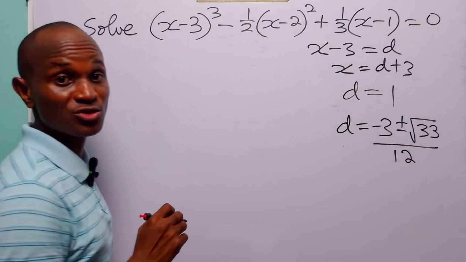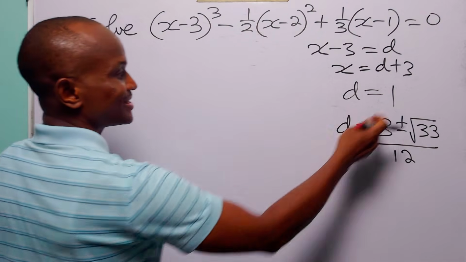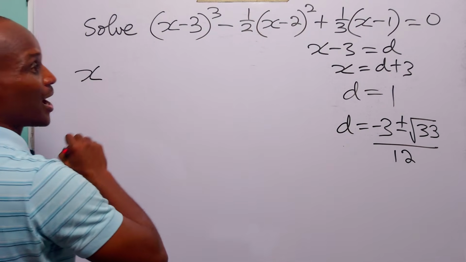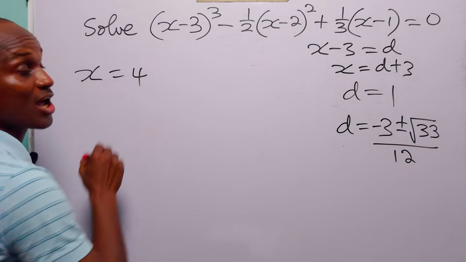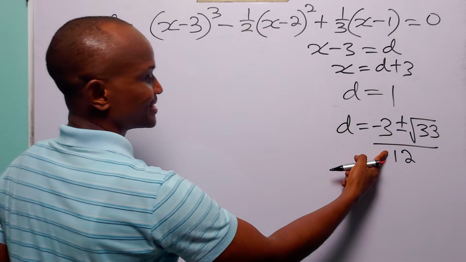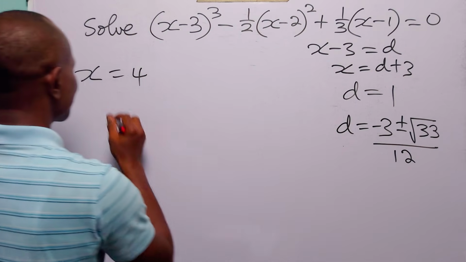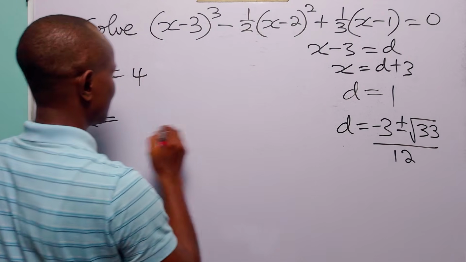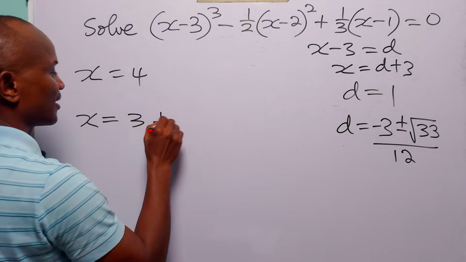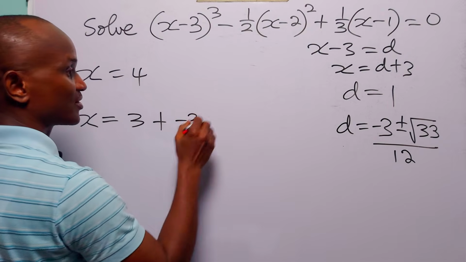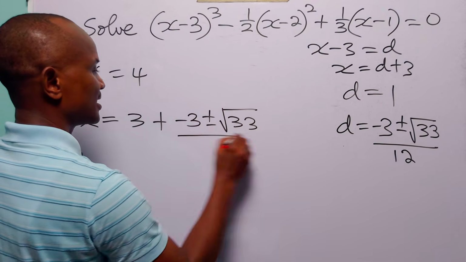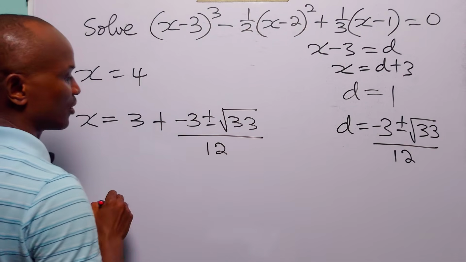And now that we have all three values of d, to find the values of x, we go back to this substitution equation. When d is equal to 1, x is going to be equal to 1 plus 3, which is 4. When d is equal to this, then x is going to be equal to 3 plus minus 3 plus or minus root 33 divided by 12.